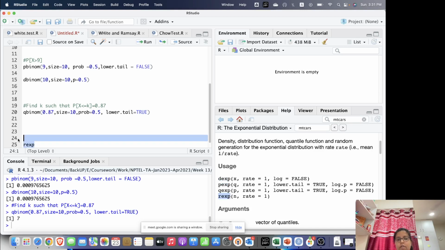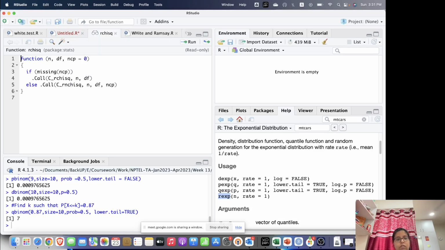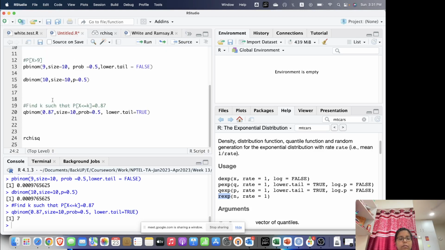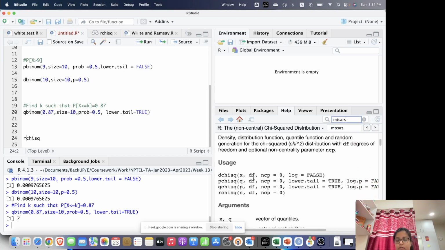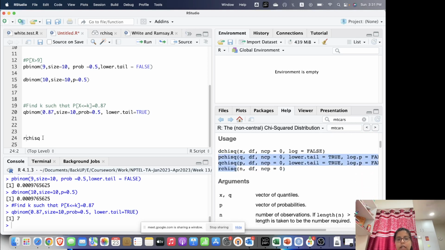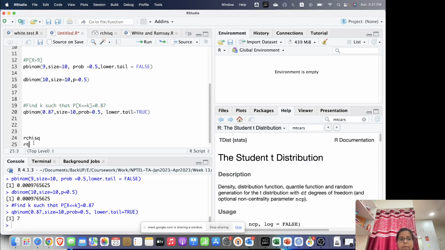For chi-square it's the same thing: dchisq, pchisq, qchisq, rchisq. For t, it's rt, the Student's distribution.